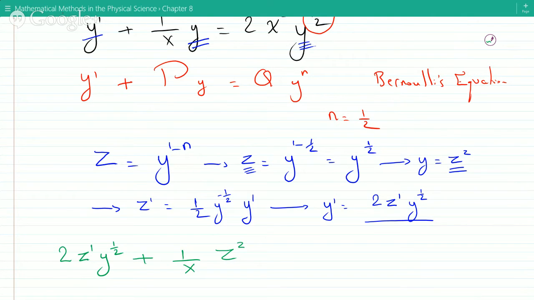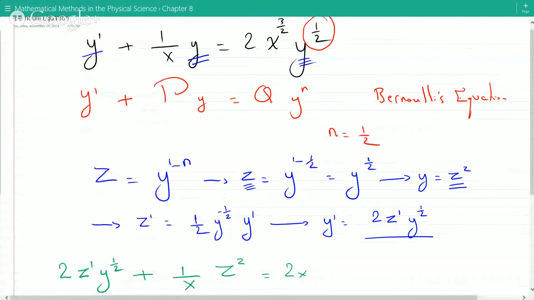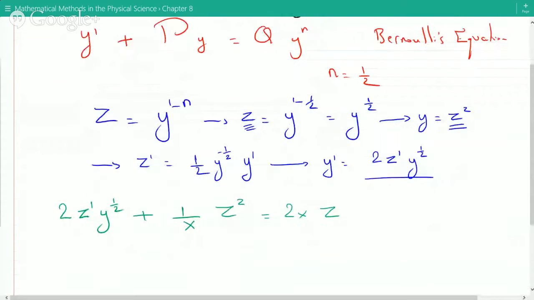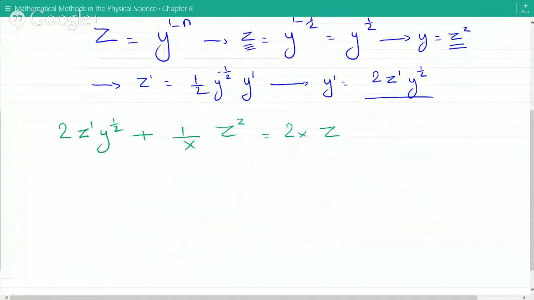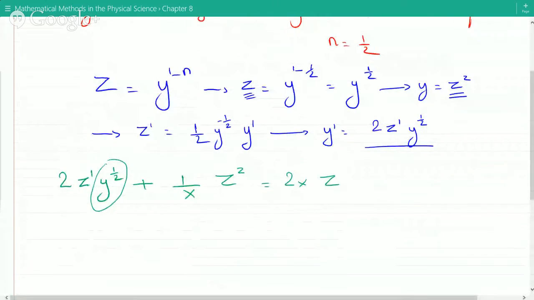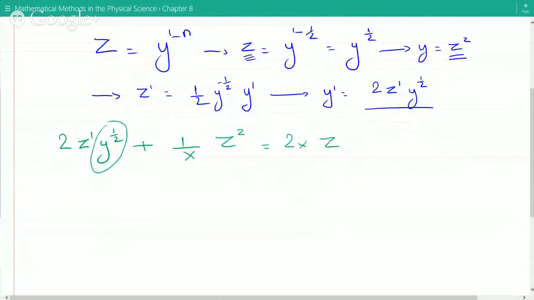On the right hand side we have 2x to the 3 halves times y to the half. Y to the half is nothing but z. Now we have one y term left we need to get rid of. This is not supposed to be here because we're doing the transformation, but y to the half is just z.